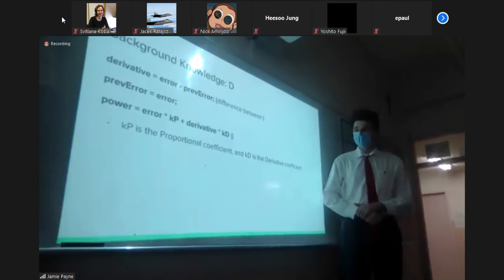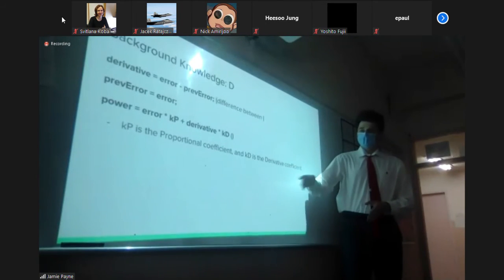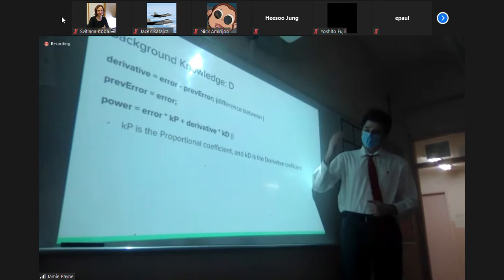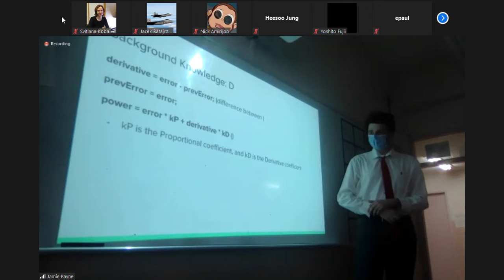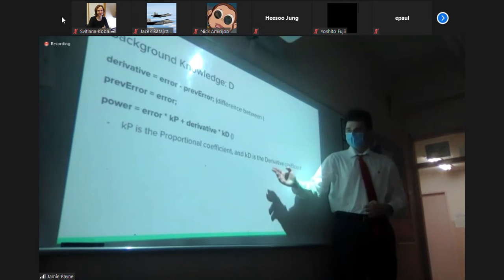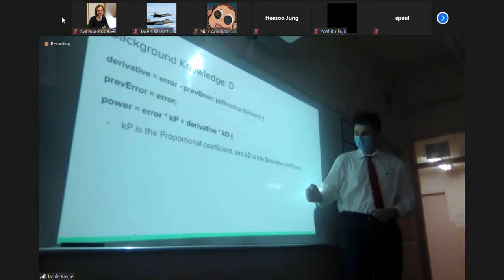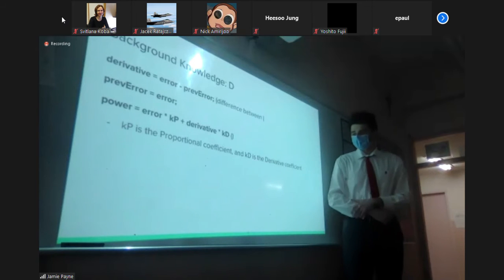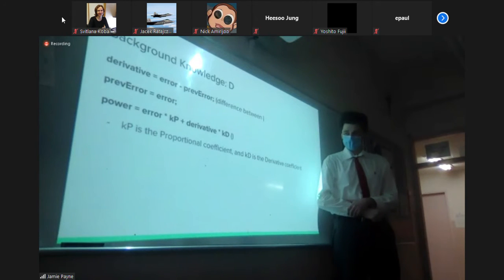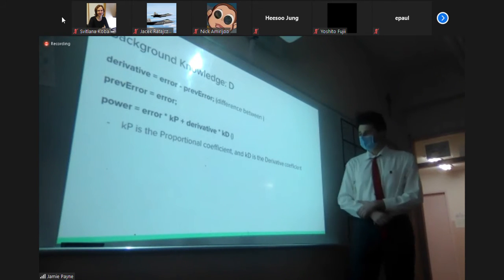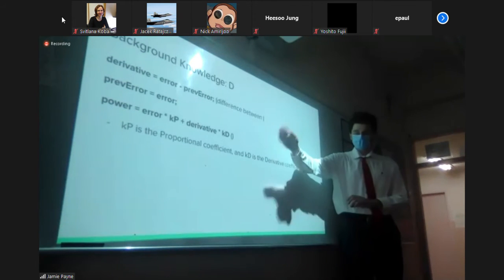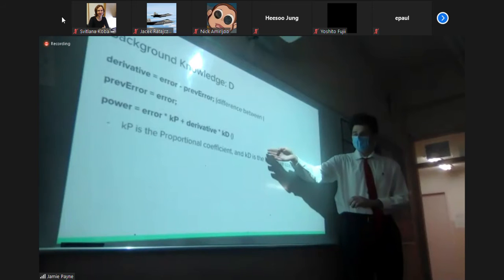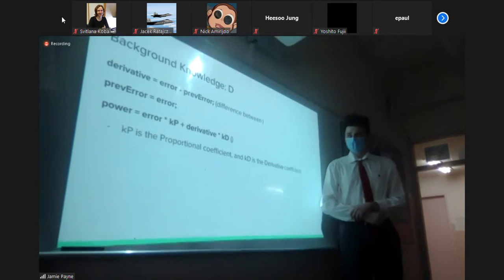Finally, you find the power which you found from error times kP in the proportional component, and then you use the derivative which you found here and multiply it by the coefficient kD that can be set by the user. And finally, you add these together to find the output power.